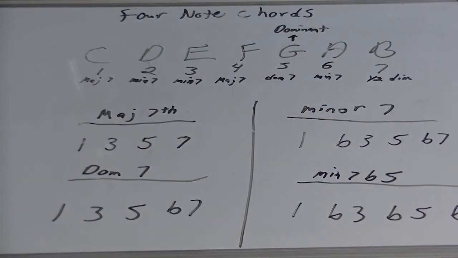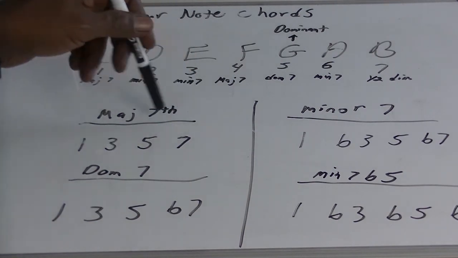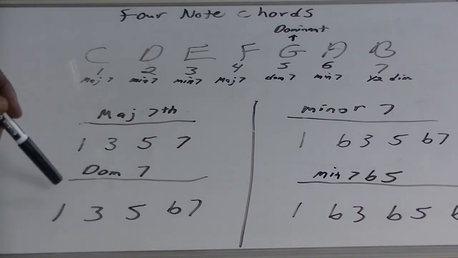It's important for us to understand the differences between these chords. And if we understand the differences, we won't become confused with them. We have the major 7th chord where the notes are taken directly from the scale. The dominant 7th chord can be seen as an alteration of that major 7th chord where we flatted the 7.